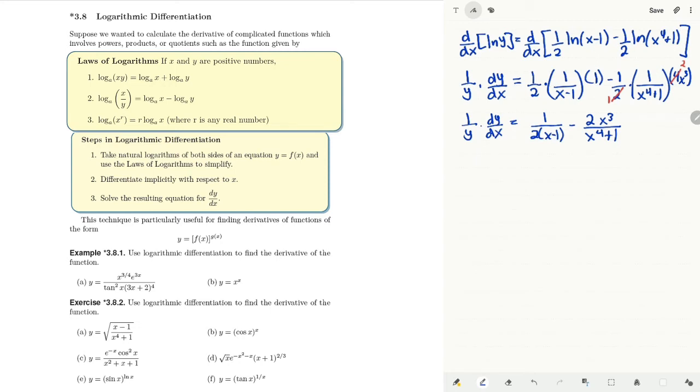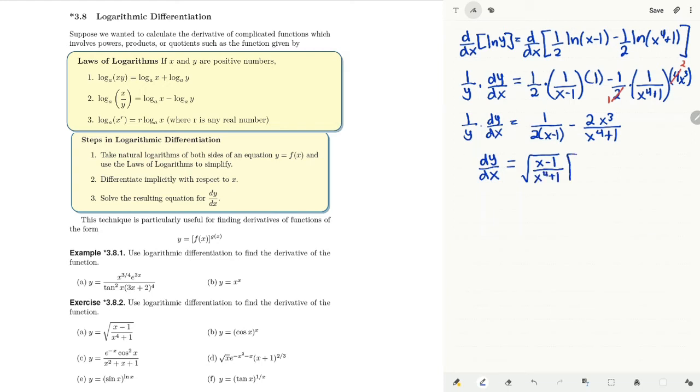So now we'll multiply both sides by y, and we can also replace y with the original function. So the original function was the square root of x minus 1 over x to the 4 plus 1.